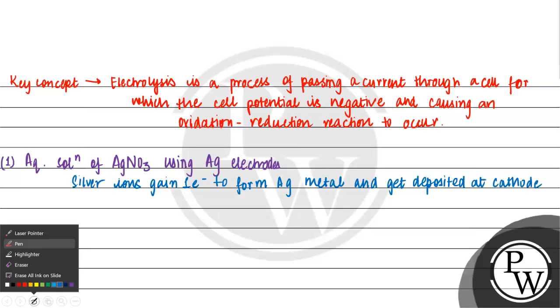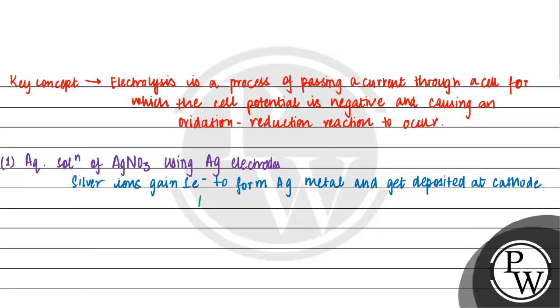Now if we see the reaction which is involved, Ag plus 1 electron gives Ag, which gets deposited at cathode.